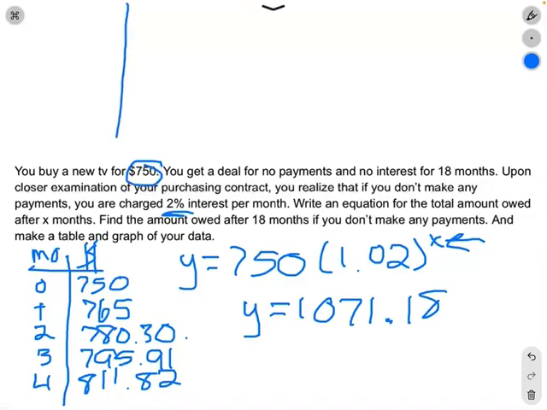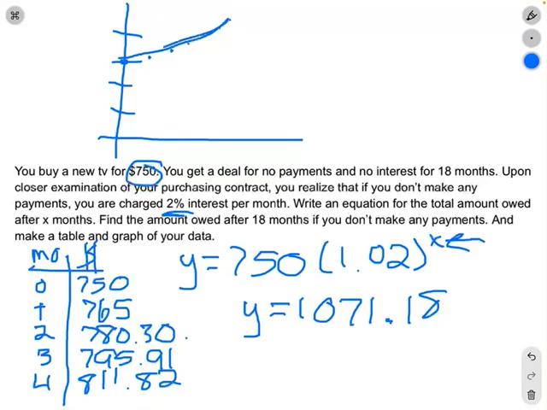Alright, so I'm going to make my graph, and again I'm going to go 250, 500, 750, 1,000. So I start here, and then I'm going up a tiny bit at a time, and then it starts to go up a little faster.